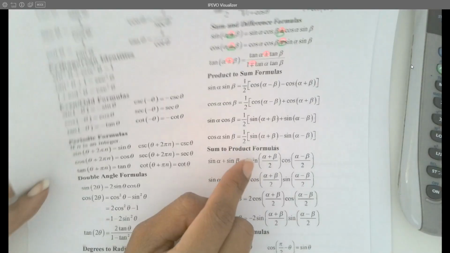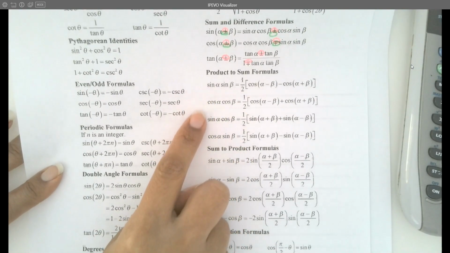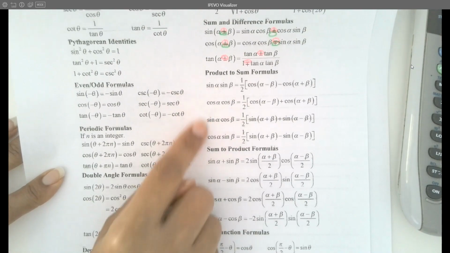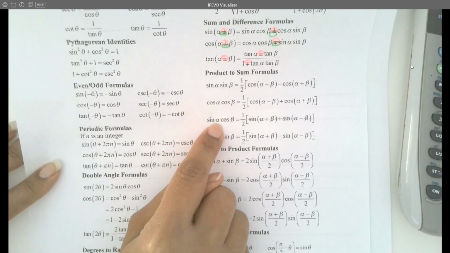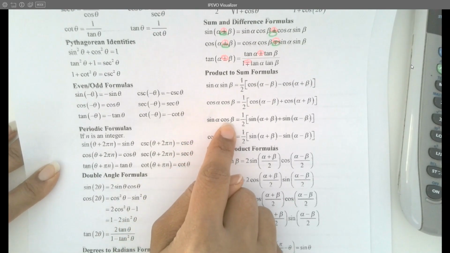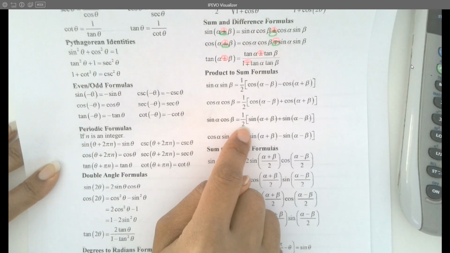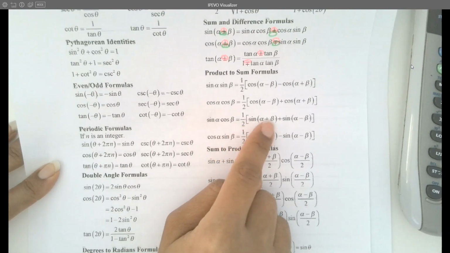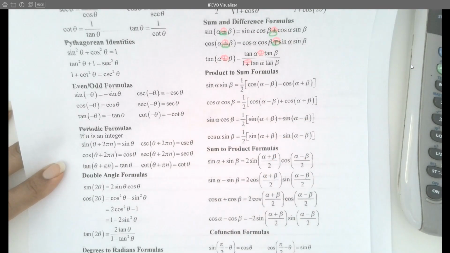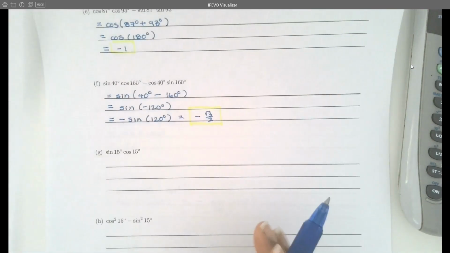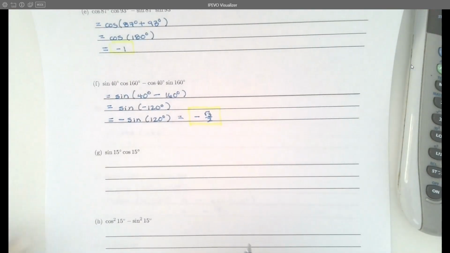We have sine times cosine, and if you look at the third product to sum formula, we have sine of an angle times cosine of an angle equals 1/2 times sine of the sum of the two angles plus sine of the difference of the two angles. And so I'm actually going to write that formula over here so that we can compare it.